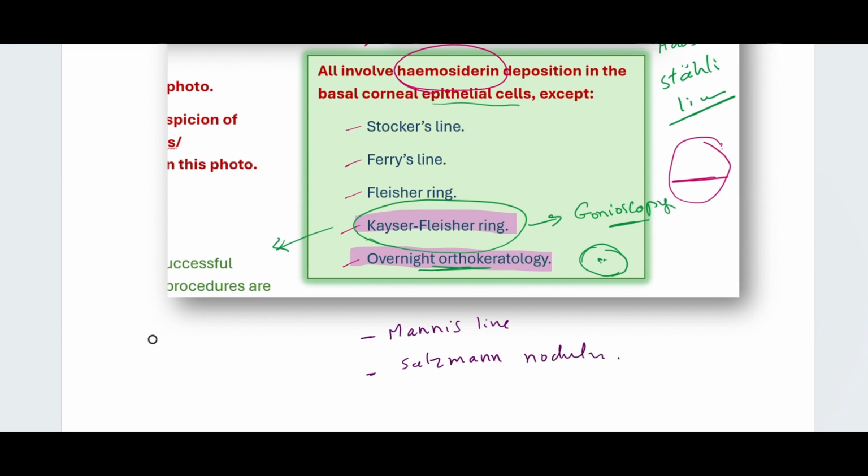And actually the answer will still be Kayser-Fleischer ring. Hudson-Stähli line is a deposition of iron internal to PKP sutures. This is the line. And Salzmann nodules, as we just mentioned, show iron line deposition at the leading edge of the hyaline deposition.